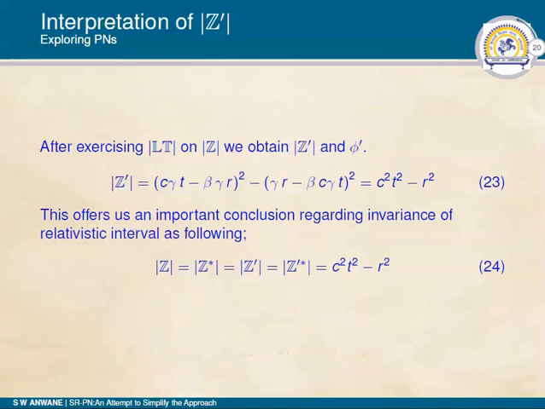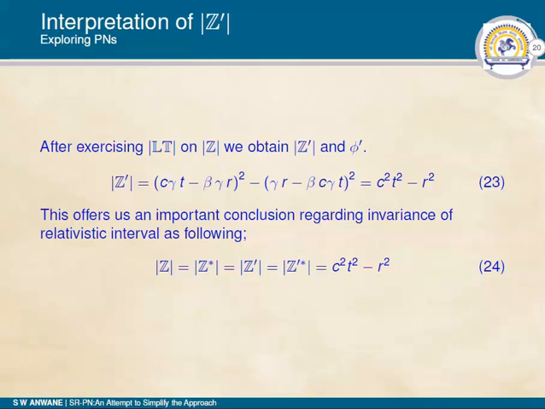After exercising the mod of the Lorentz transformation on the mod of z, we obtain mod of z prime and phi prime. Mod z prime is (c gamma t minus beta gamma r) whole square minus (gamma r minus beta c gamma t) whole square, which on simplification offers c square t square minus r square.